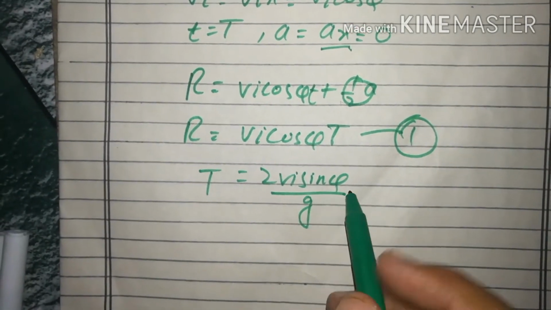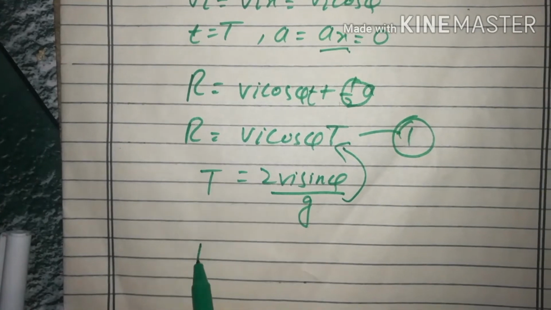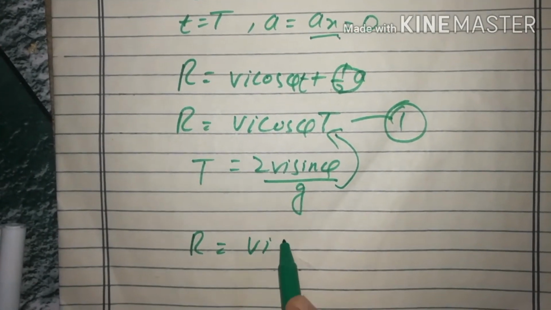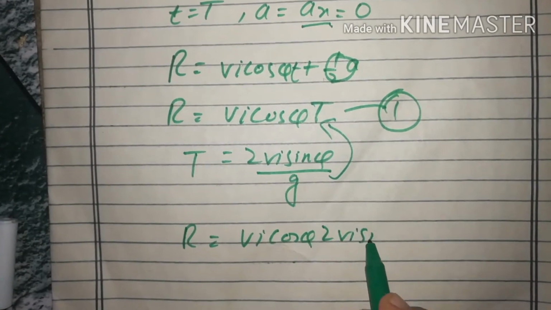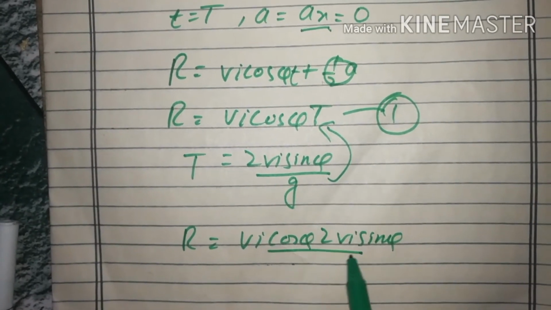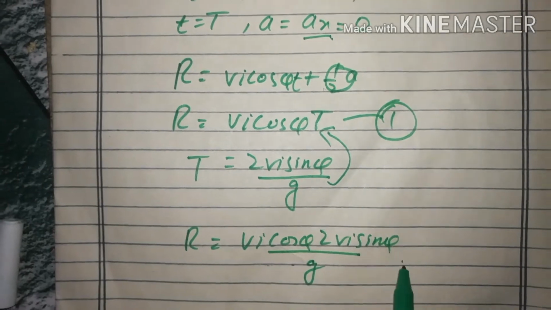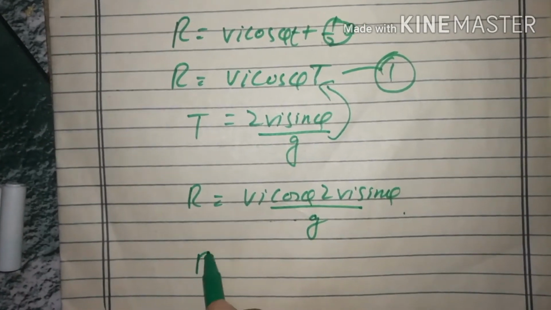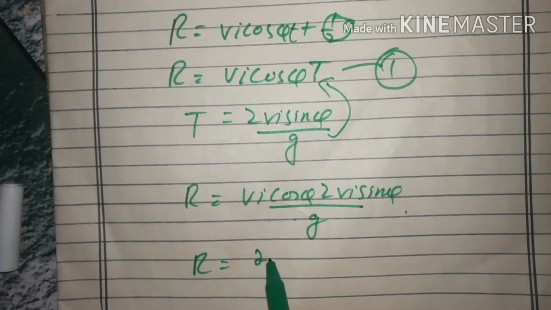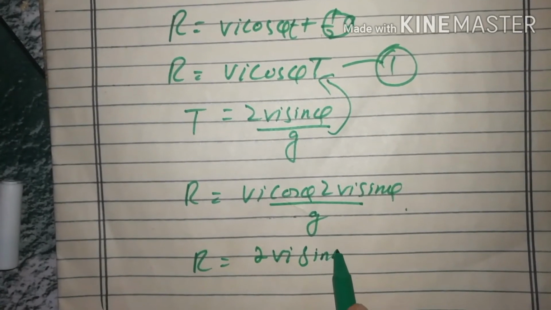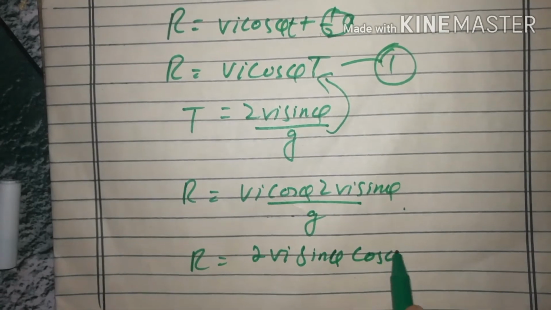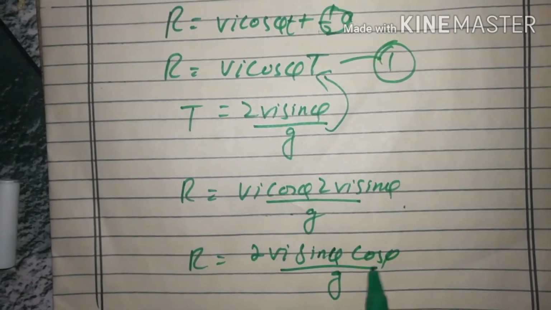Okay, put it here. R is equal to Vi cos theta times 2 Vi sin theta divided by g. R is equal to 2 Vi square sin theta cos theta divided by g.